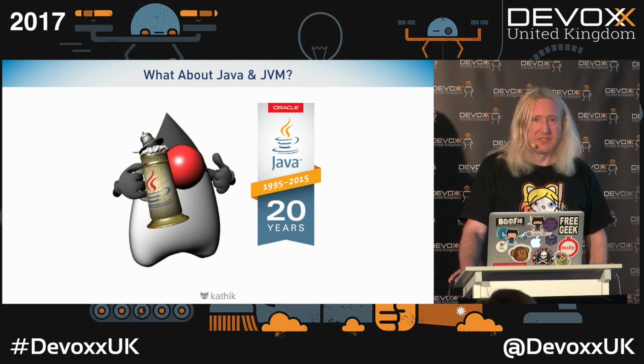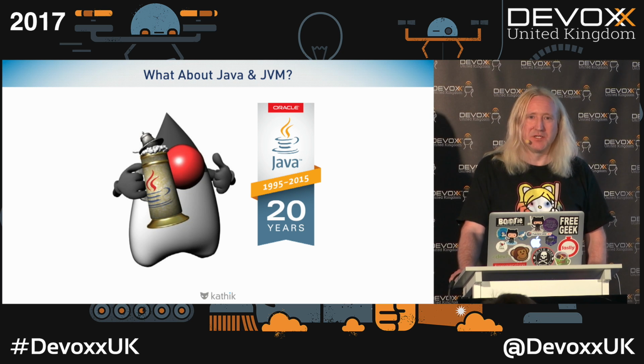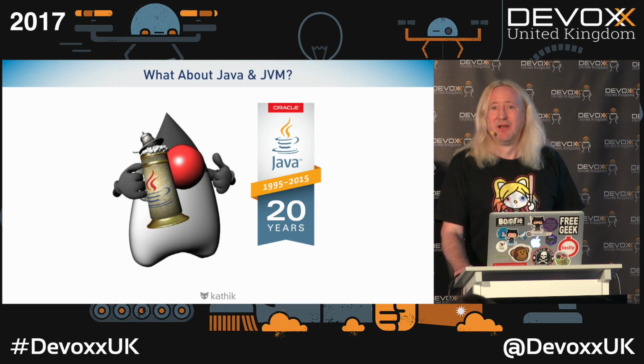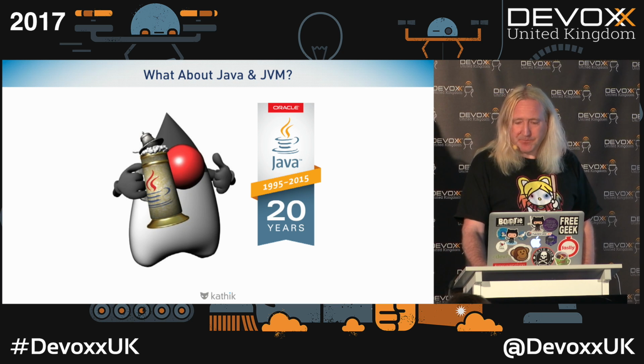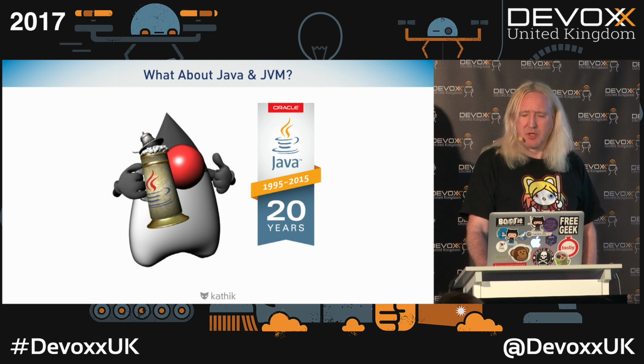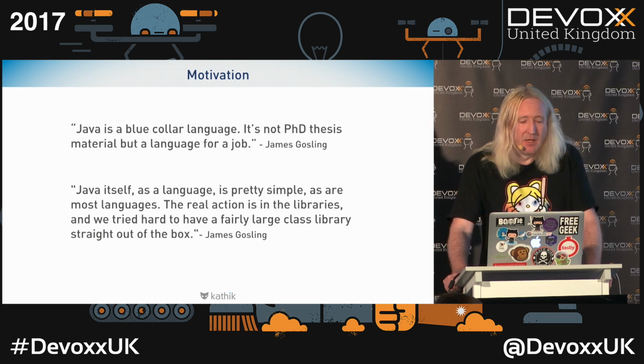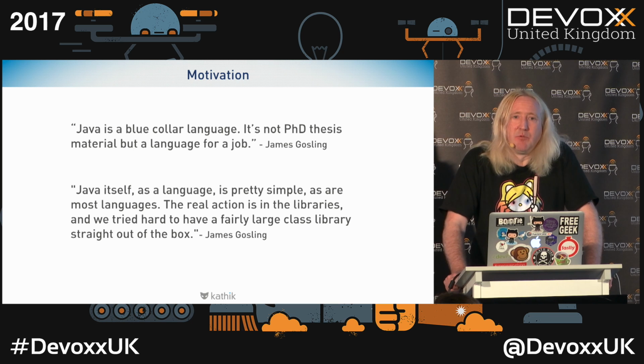It's been enormously successful. I'm not going to tell you that Java is the mythical perfect programming language. Of course it's not. But languages which make it to 20 generally have something of a story to tell about them. And I think there are two quotes about Java which particularly stick with me, both from James Gosling, the originator. Firstly, Java is a blue-collar language.